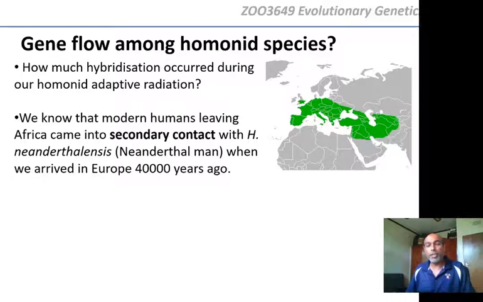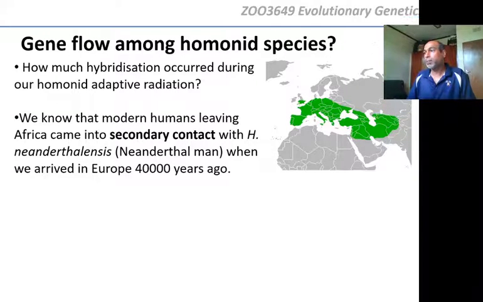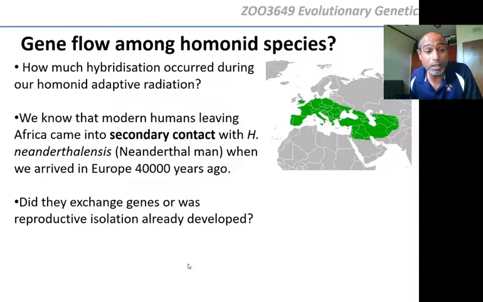This is the range, in green here, of the distribution of Neanderthal man. Let me just put that up there where it's not causing any overlap. This green is where he existed. So when we migrated out of Africa as modern humans, we encountered this guy in Europe 40,000 years ago.